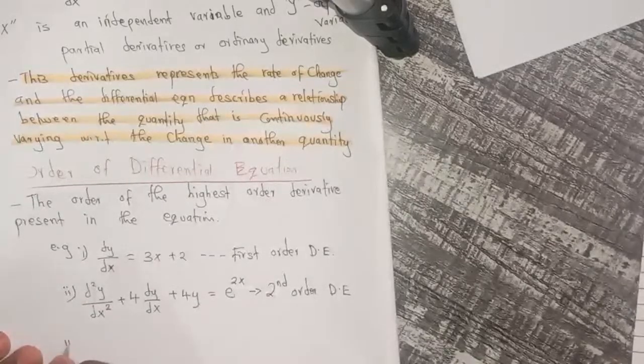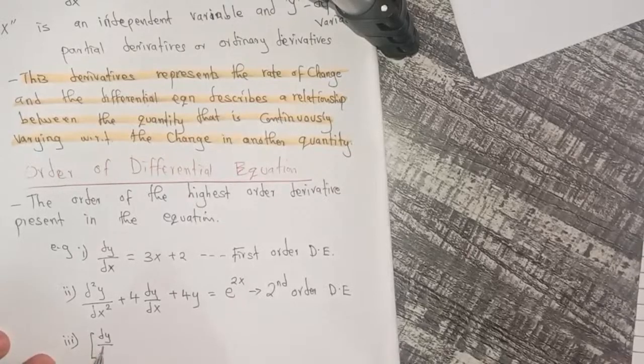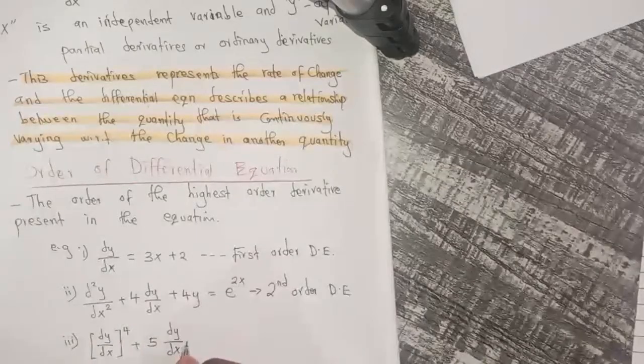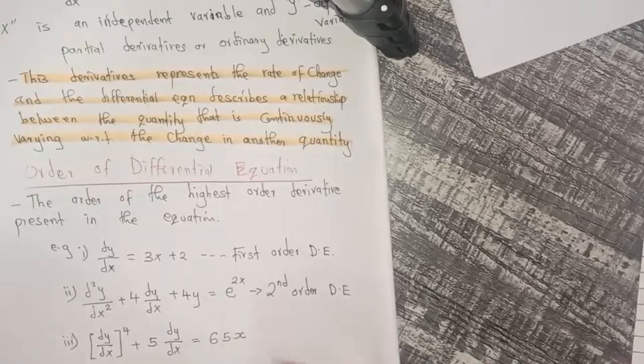Again, we can have it in this form: in brackets dy with respect to x, to the power of 4, plus 5 dy over dx equals 65x.